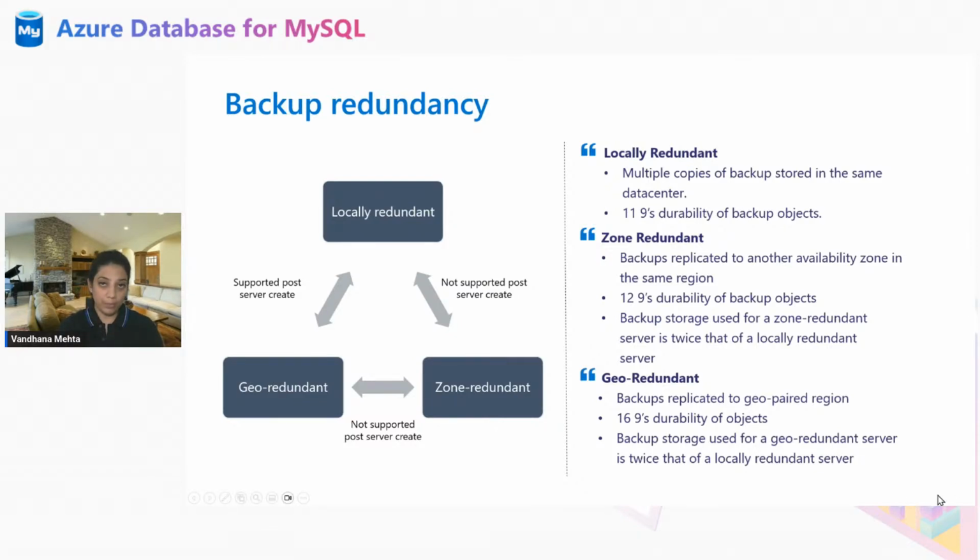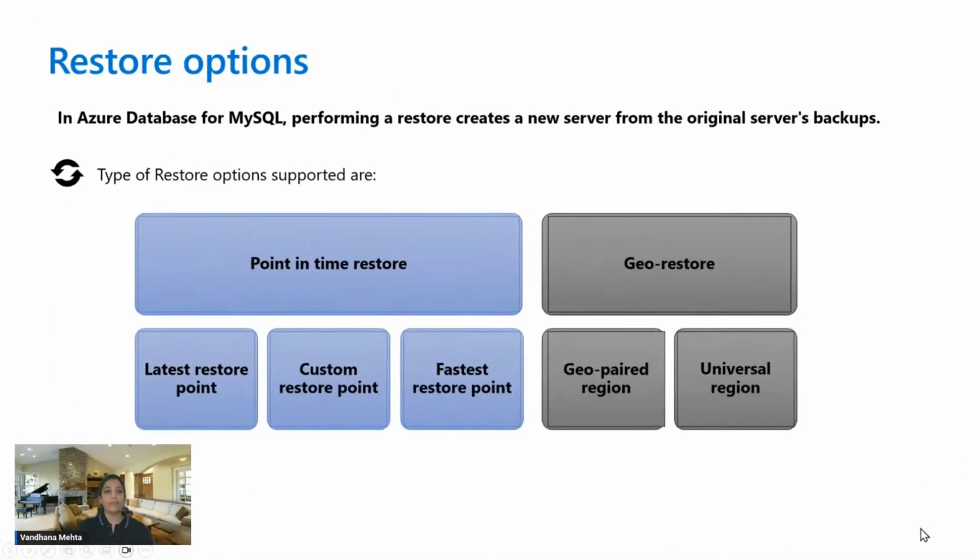If I have to summarize, LRS keeps your data safe locally, ZRS protects you within the region, and GRS, which is the highest level of resiliency that we offer, protects you across the region. So with that, let's look at different restore options we have in Azure Database for MySQL.